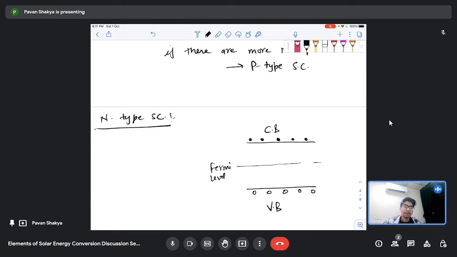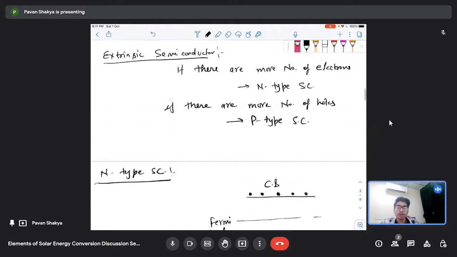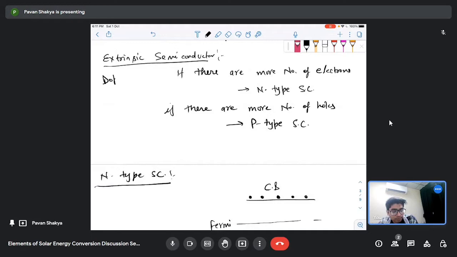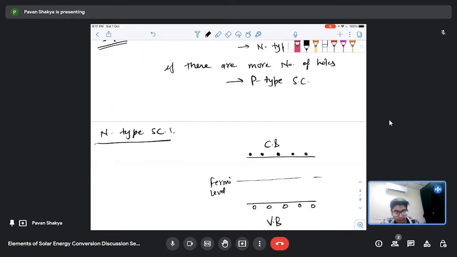Generally we make an extrinsic semiconductor by doping. Doping means we add some external material that has extra electrons or extra holes. In n-type semiconductors, generally we dope with fifth column elements, like phosphorus, arsenic and antimony.